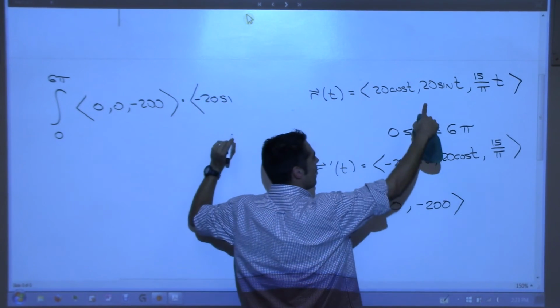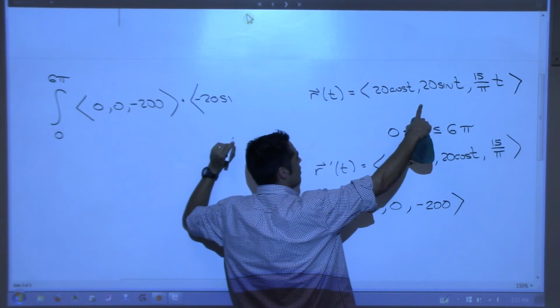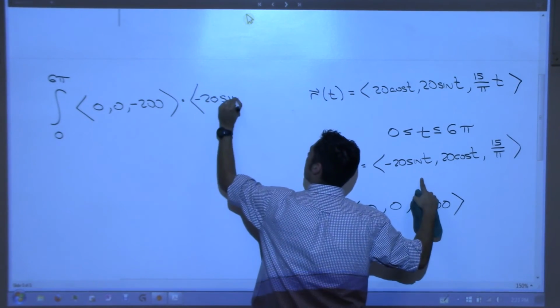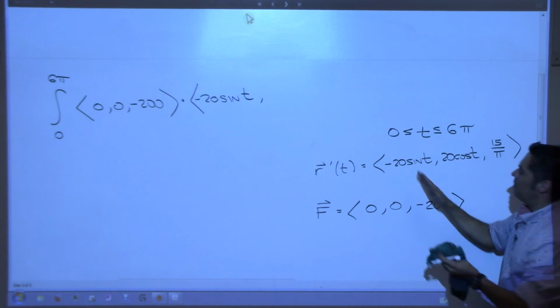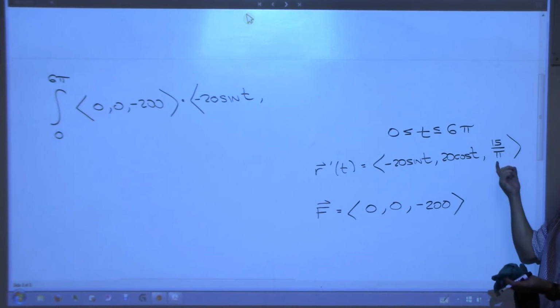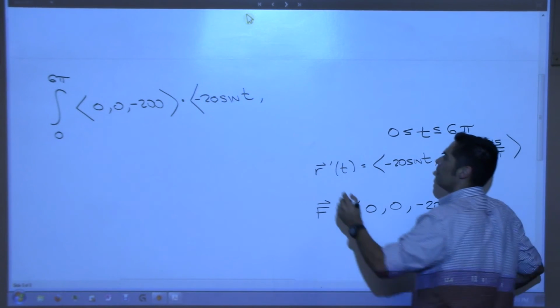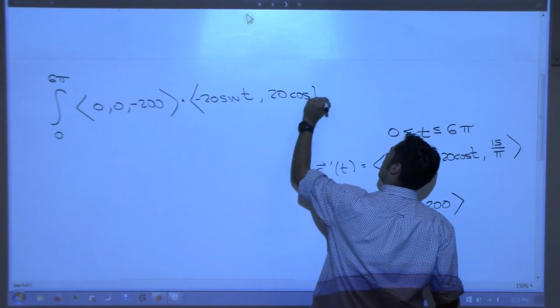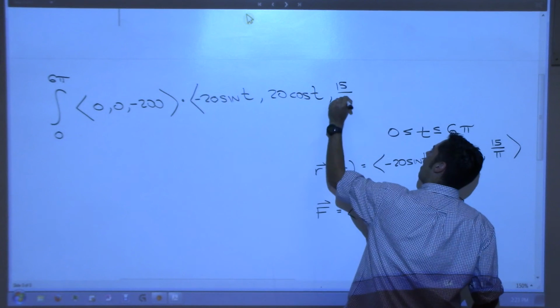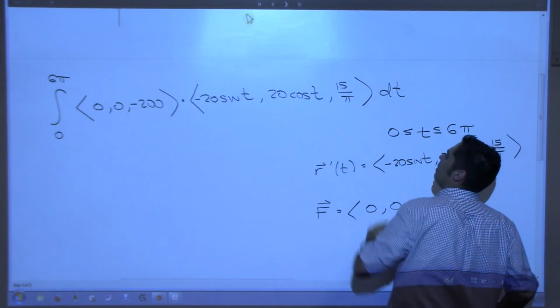Sorry, I meant to point to this one. The same thing, though. It kills off these pieces. So all you're left with is this: 20 cosine t, 15 over pi, dt.